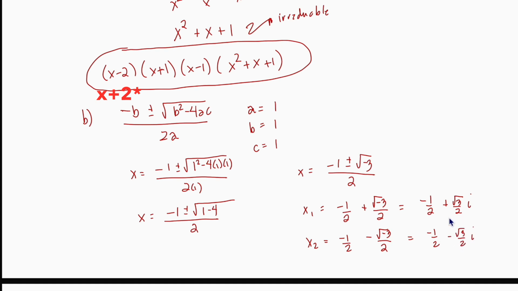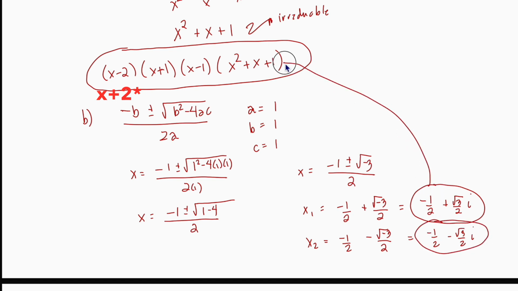Ibig sabihin, eto yung zeros nitong part na to. Ito lang, okay? So, we have 1, 2, 3, 4, and 5. So, ano-ano yung mga factors natin ngayon?